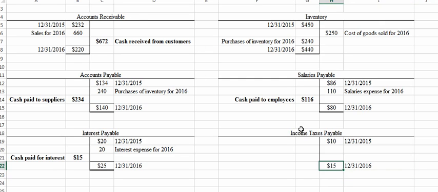Well, what affects the income taxes payable account? Well, income taxes payable would be credited when income tax expense was debited. Now here we don't have a deferred tax asset or liability to deal with. If we did, that would change things up a little bit. What we're going to assume here, though, is when we debited income tax expense, we credited income tax payable.